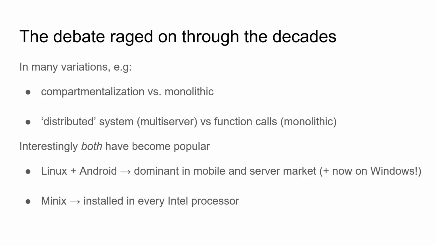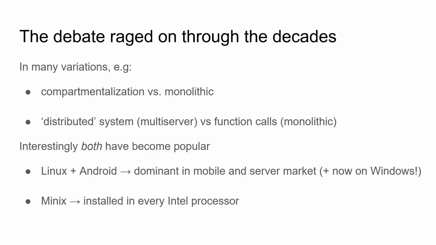This debate raged on through the decades, and it had many manifestations and many variations. For instance, some people on the Minix side argued that compartmentalization gives you much better reliability than a monolithic system, where a single bug in your code, a single vulnerability, means that a crash will kill your entire system.